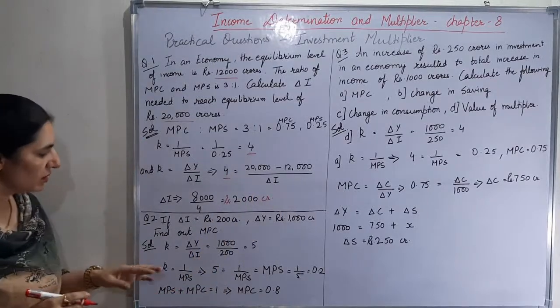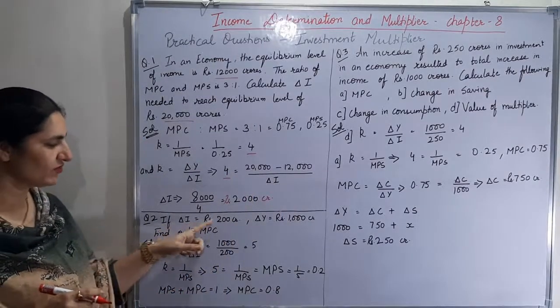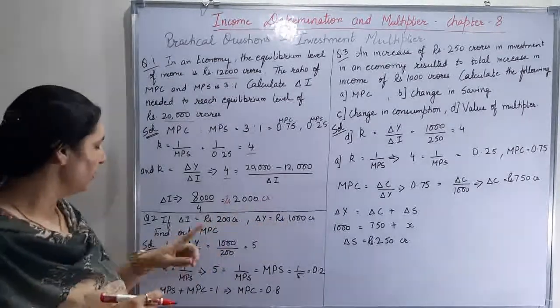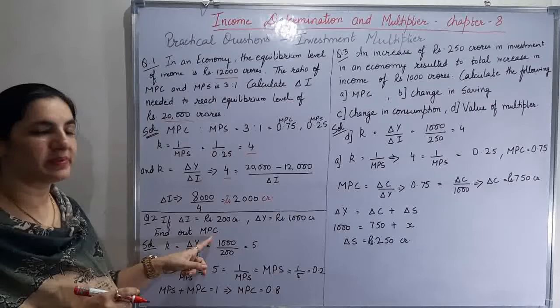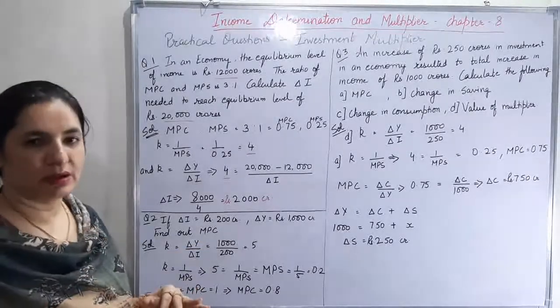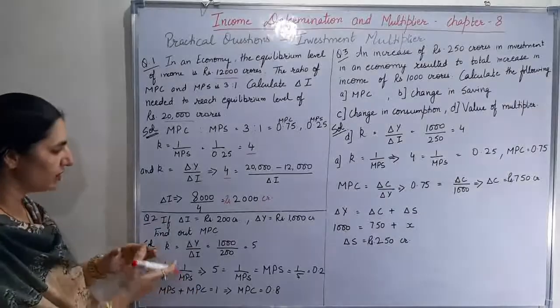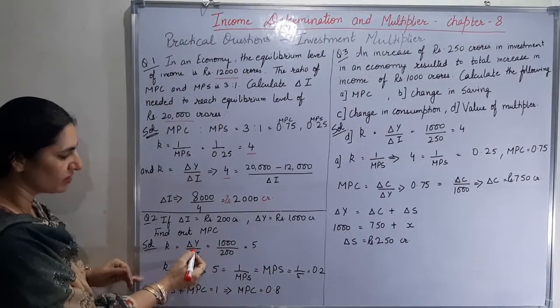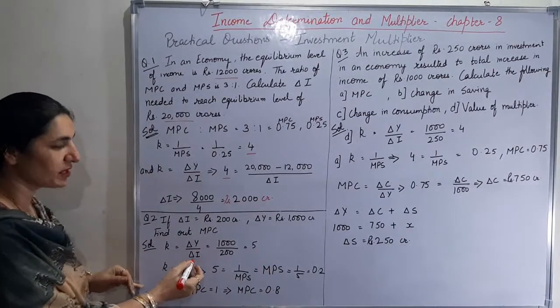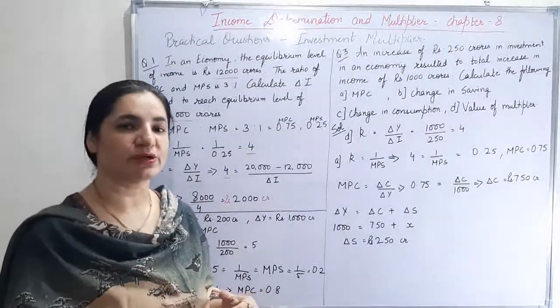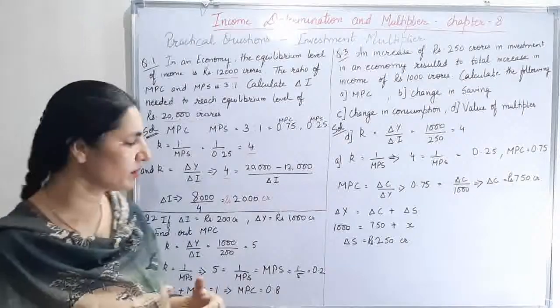Second question, this is very simple. If change in investment is given to us, and change in income is also given, then find the value of MPC. Again both formulae of the investment multiplier are to be applied. But first we will apply this formula, change in income by change in investment. Here we have to deal with the data. As per the data provided to us, we will find the values which are being asked.